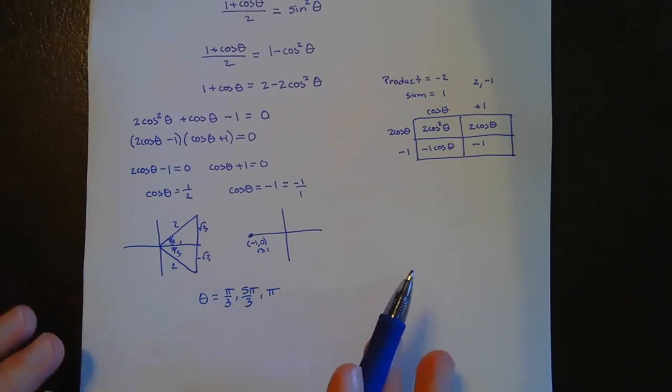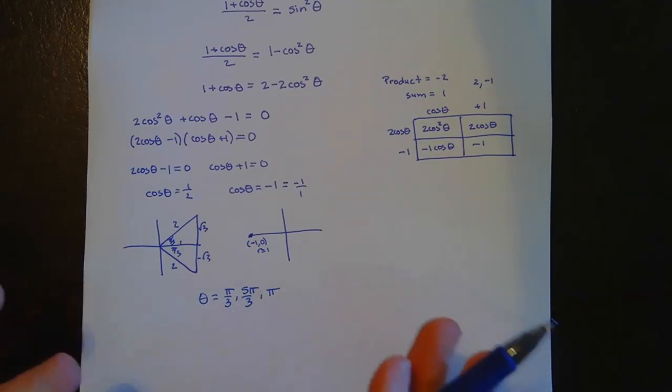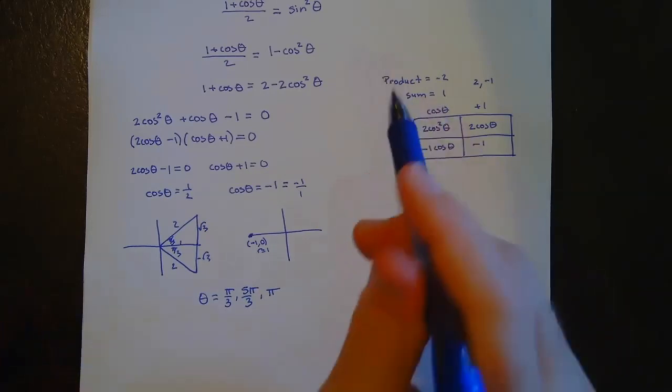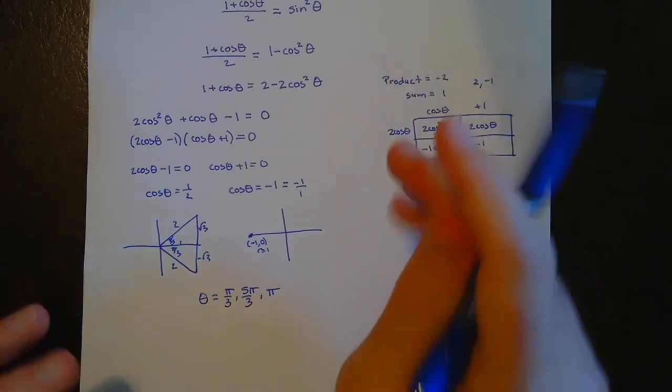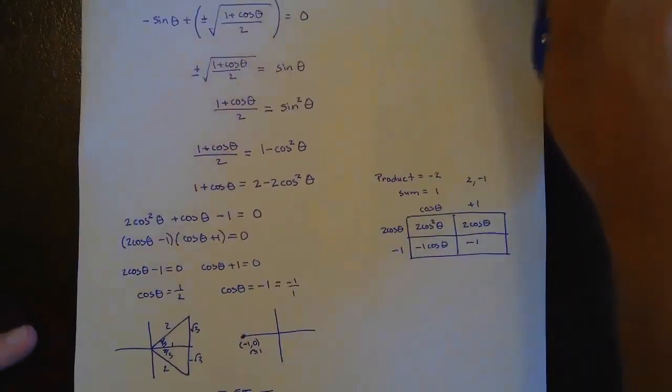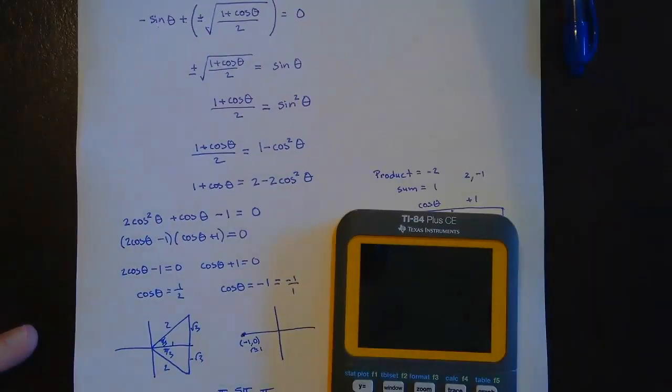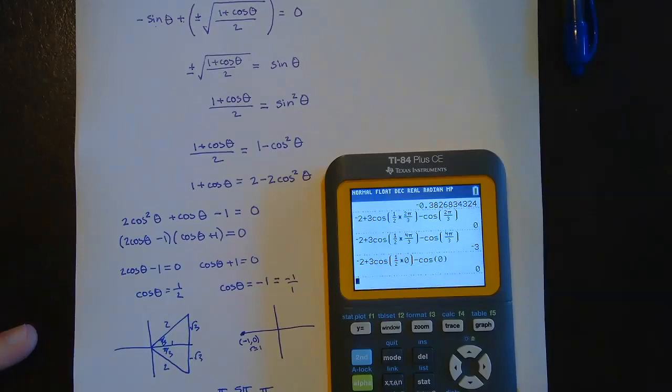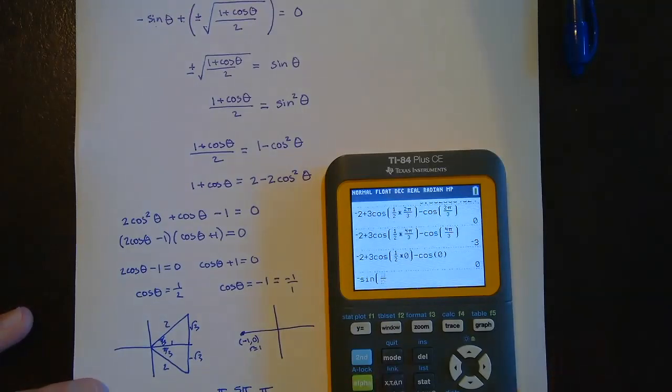Do they all work? Or do only some of them work? Because we squared both sides, we got to go back and check, okay? So I'm going to take my calculator again. And in my original problem, I'm going to do negative sine of pi over 3 and then plus cosine, and that's the half angle, right?